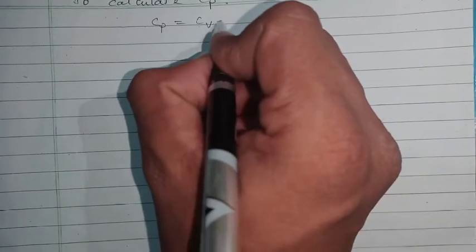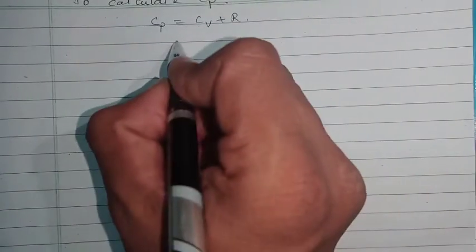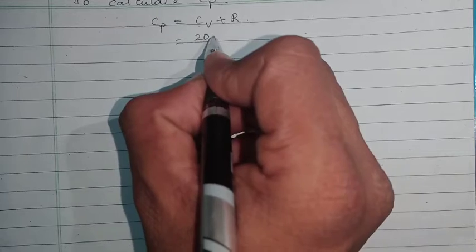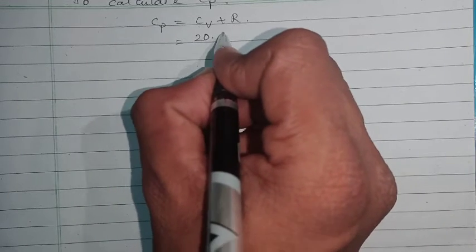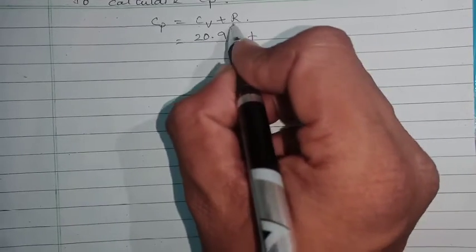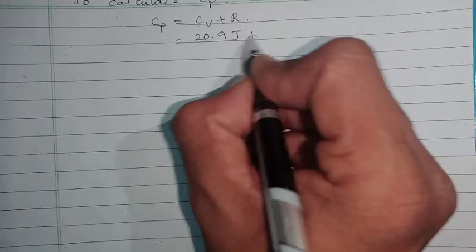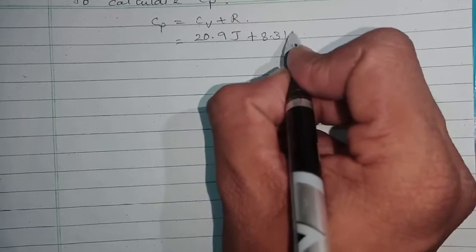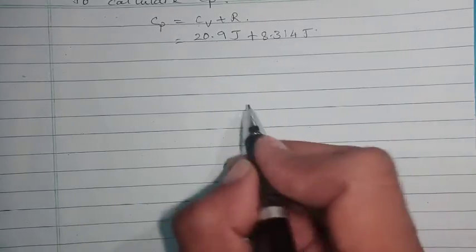Second, to calculate CP, we have the formula CP is equal to CV plus R. The CV value we have calculated is 20.9 joules, and for the R value we take 8.314 joules per Kelvin per mole.